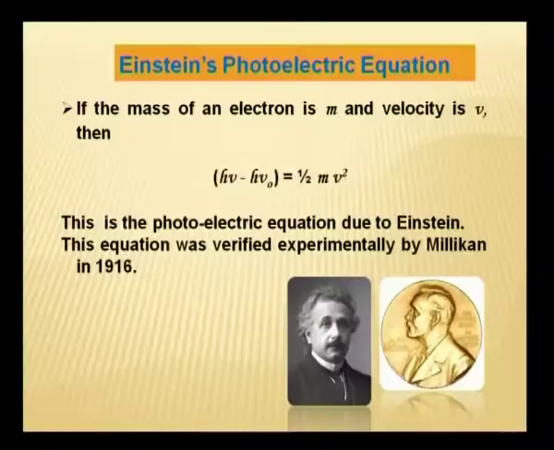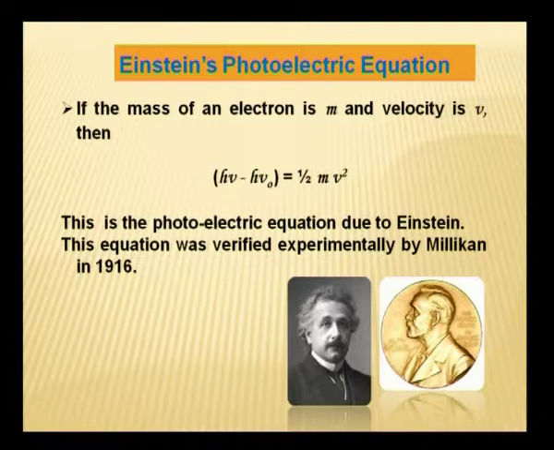What is the remaining energy? 8 minus 2 is 6 electron volt. This 6 electron volt will come as the kinetic energy of the electron, right? So the electron will come out with that kinetic energy. Therefore, if h nu becomes larger and larger, the kinetic energy with which it comes out will be larger.